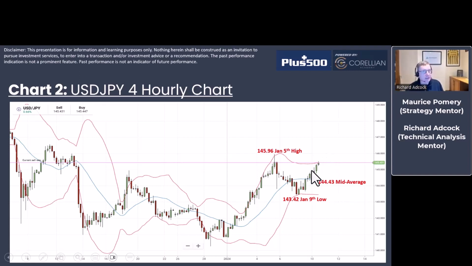But effectively, if we're looking at it coming into the data over the next few days, it's a question of this 143.42 January 9th low, from where the market's latest strength has developed, against this January 5th high, with a breakout really needed to suggest where the next directional risks are beginning to develop.